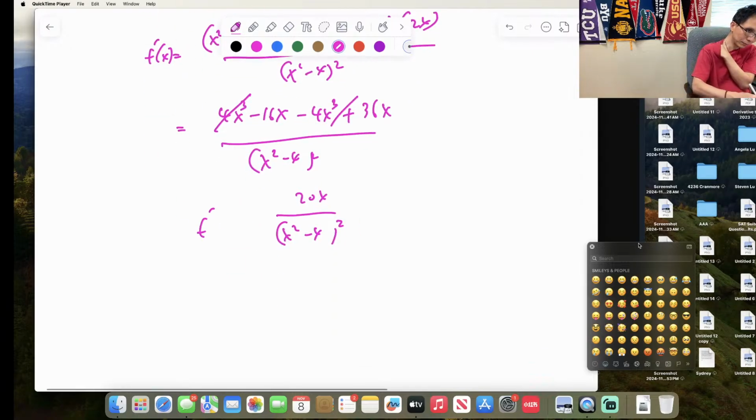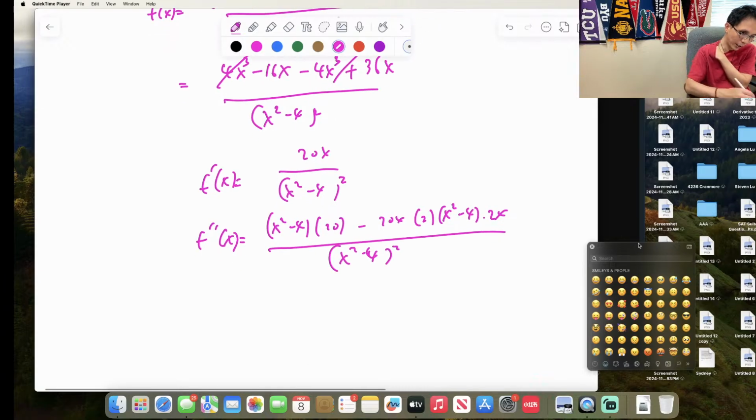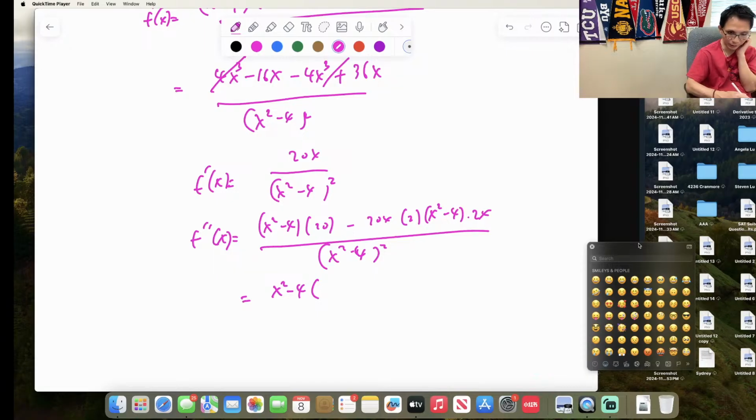Now, that is the first derivative. If I do the second derivative, it's going to be low d high minus high d low over low. And then I'm going to factor out x squared minus 4, just because I think that will be easier.